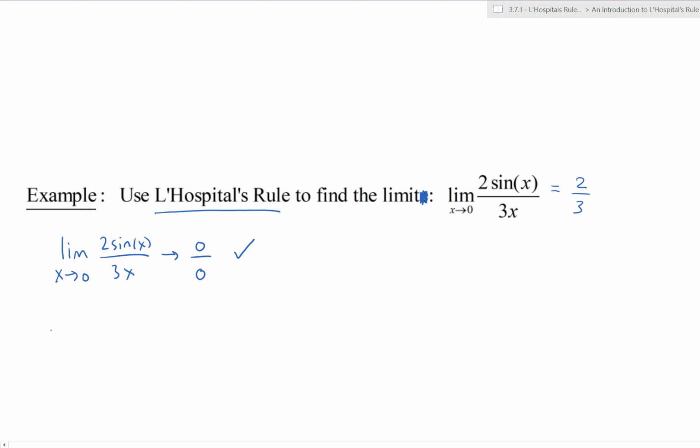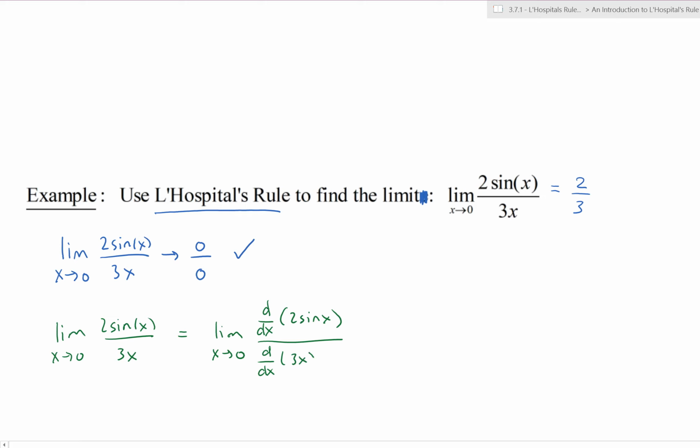And thus, what it says is that this limit as x approaches 0 of this quotient 2 times the sine of x over 3 times x should be the same as the limit as x approaches the same location 0 of the derivative with respect to x of that numerator, 2 times sine of x, divided by the derivative with respect to x of the denominator. Now, when we write such a statement, it can sometimes be a little misleading.